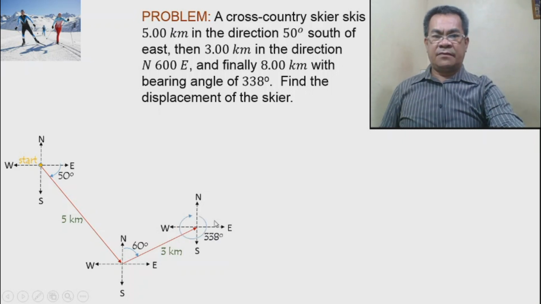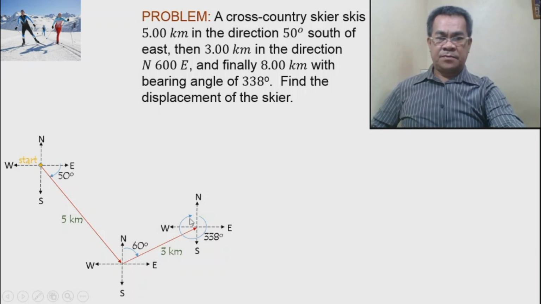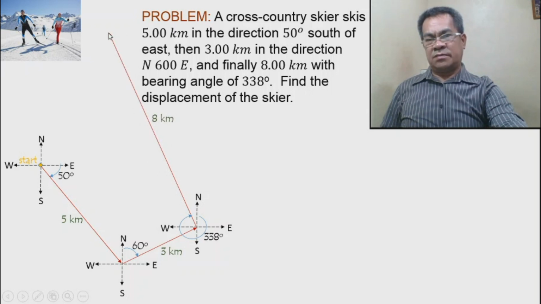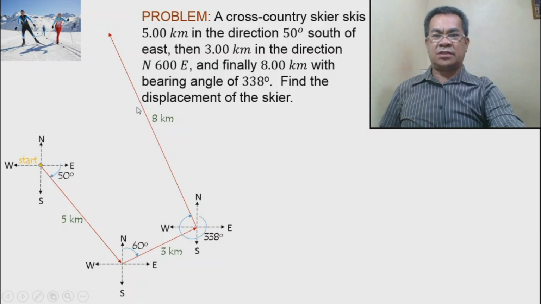So from north you construct 338 degrees, approximately very close, because the complete circle is 360 degrees; this is 338 drawn not to scale. Then construct a line that passes through that angle, with 8 kilometers of travel. This is the final position of the skiers.